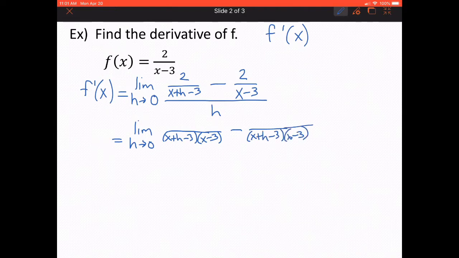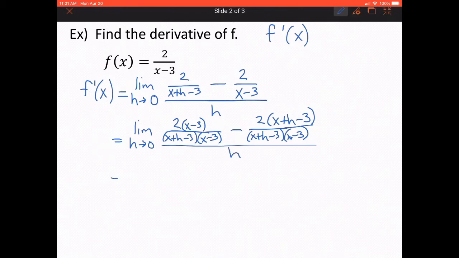All right, so the first fraction needed x minus 3. So I have 2 times x minus 3. And the second fraction needed the x plus h minus 3. So 2 times x plus h minus 3, and all over h.